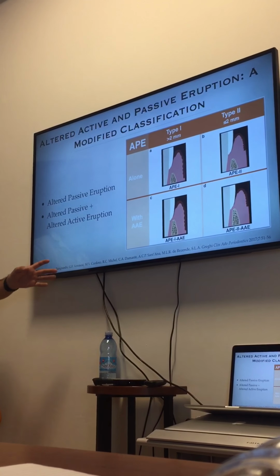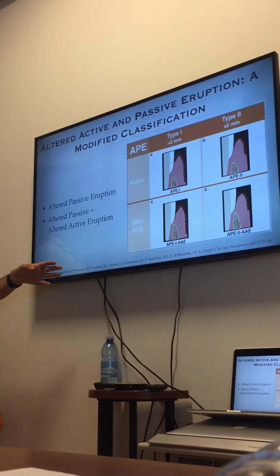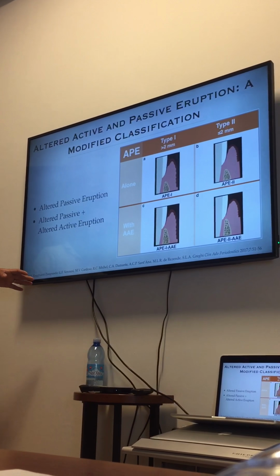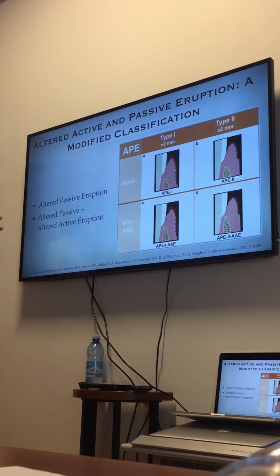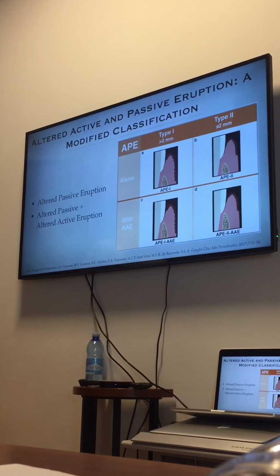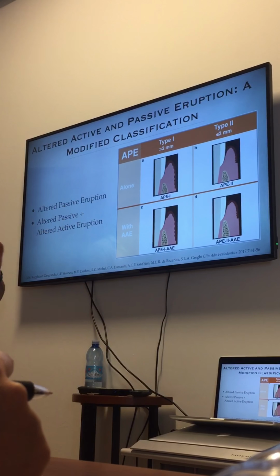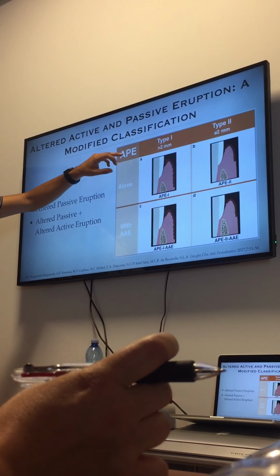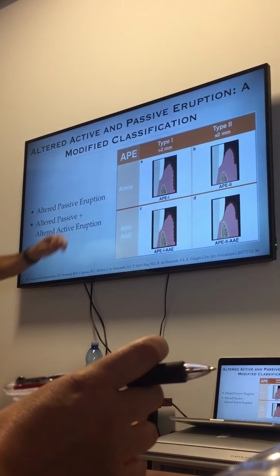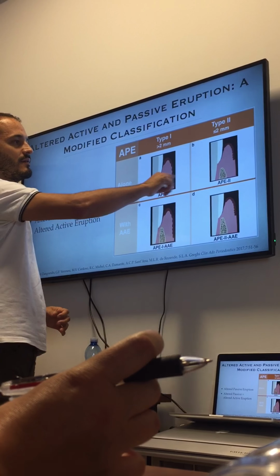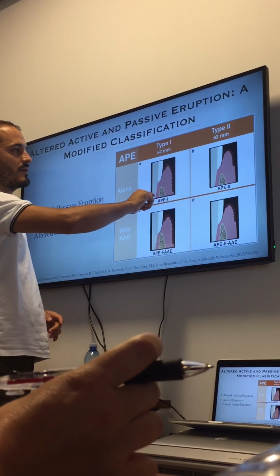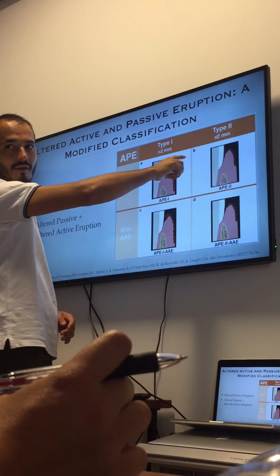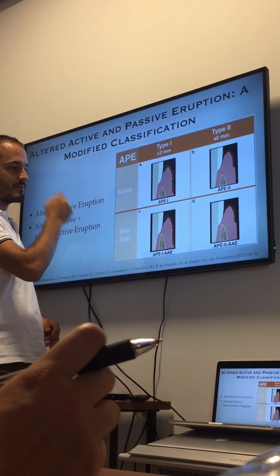It's the first study after 67, so it's 50 years later, from a Brazilian group, which kind of repeats the same thing, but with a more proper terminology. And they say if you have altered passive eruption alone, then basically the bone is always at the same level. So you have type 1A and type 2B, which is pretty much the same as before.